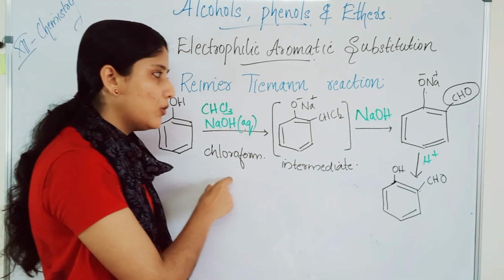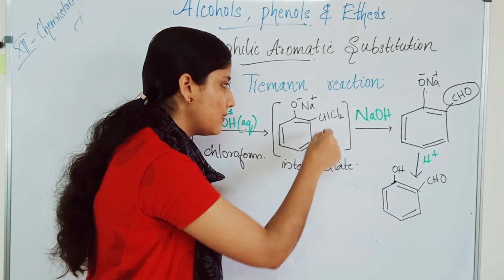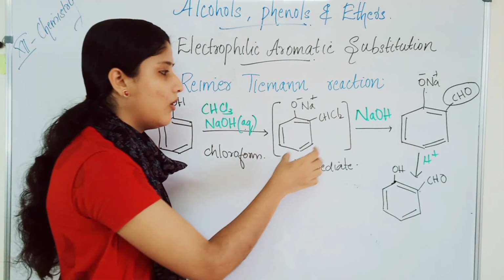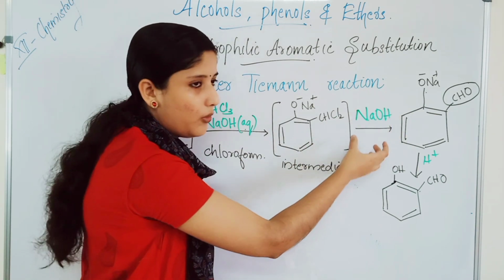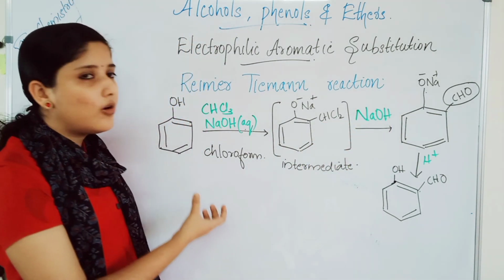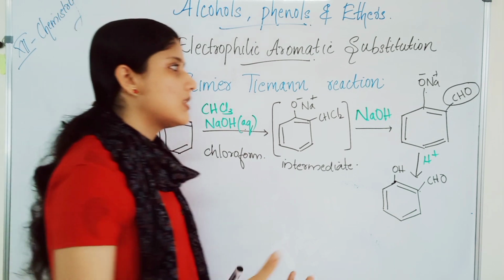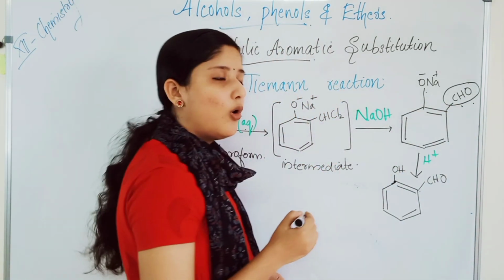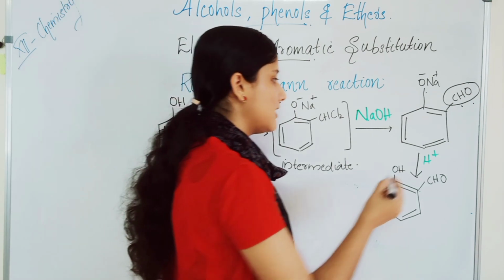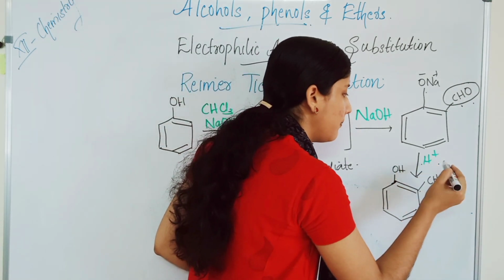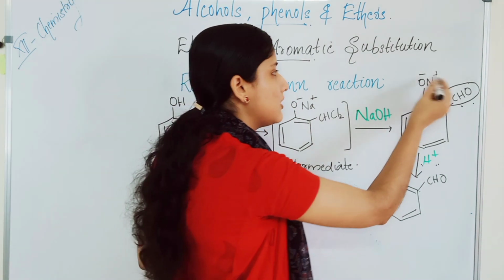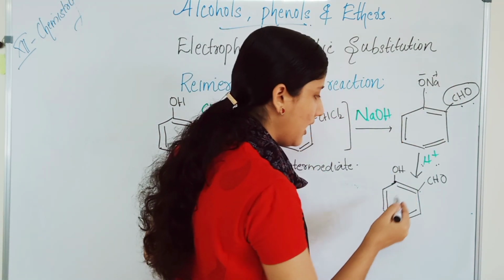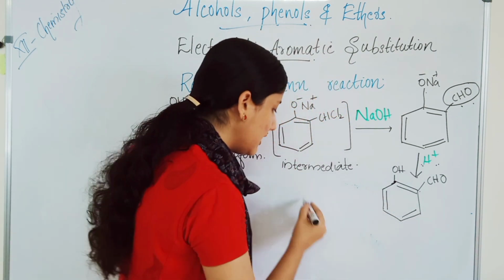That will give you a benzyl chloride intermediate. On adding one more molecule of NaOH, or excess of sodium hydroxide, a CHO group will be introduced at the ortho position, and on acidifying it with sulfuric acid or H plus, this sodium phenoxide will be converted into OH.